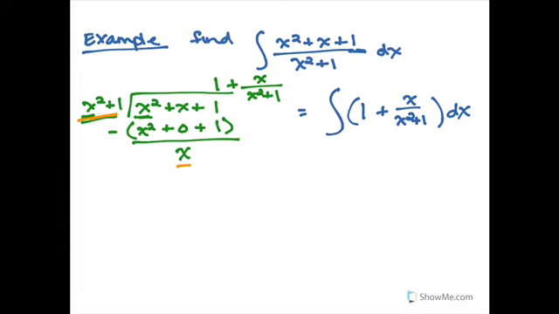So let's separate this into two different integrals, the integral of 1 dx plus the integral of x over x squared plus 1 dx, because I only have to do the u substitution on the second term there.